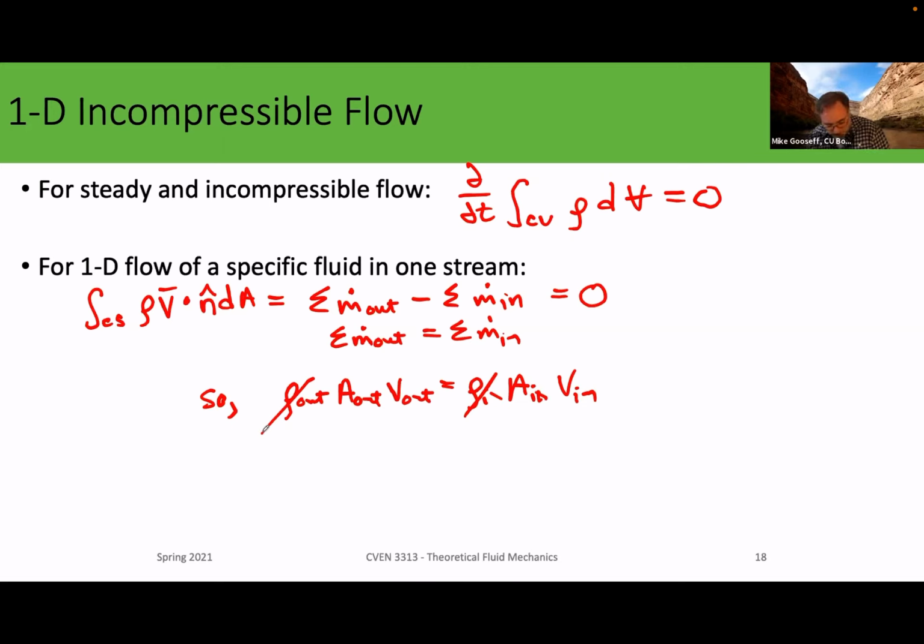So what that means then is A out V out is equal to A in V in, and therefore Q out, our outflow, is equal to volumetrically our inflow.